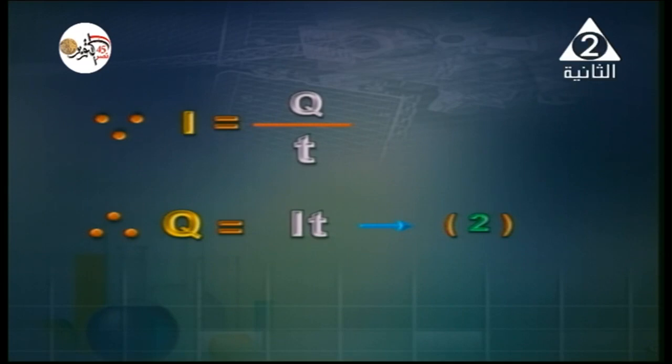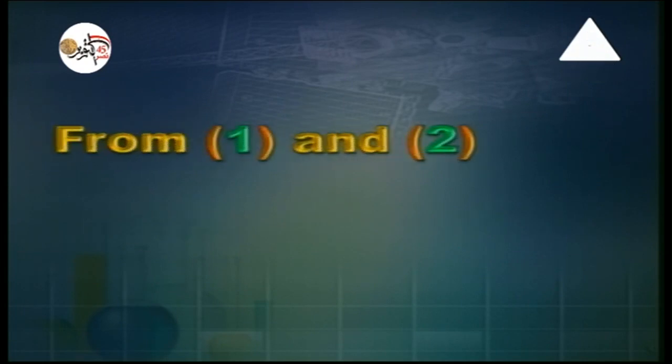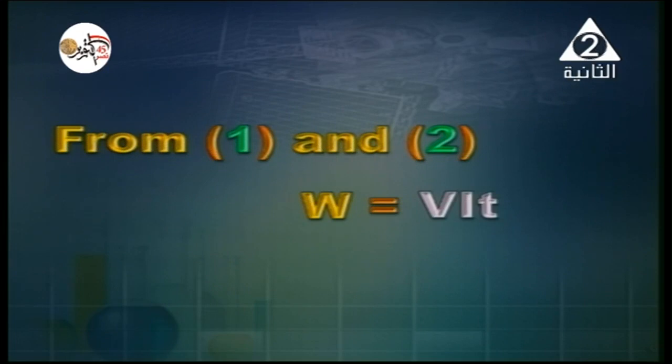From 1 and 2 we can say electric energy is equal to VIT. So we managed to prove this. Electric energy consumed by a device is determined from the equation VIT: V potential difference, I current intensity, T the time.